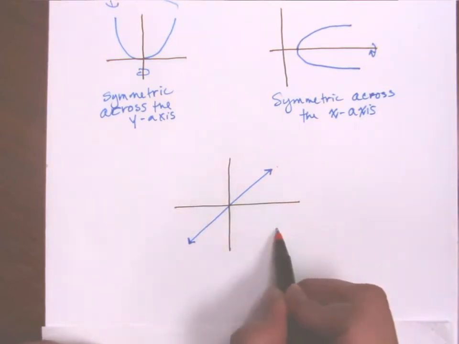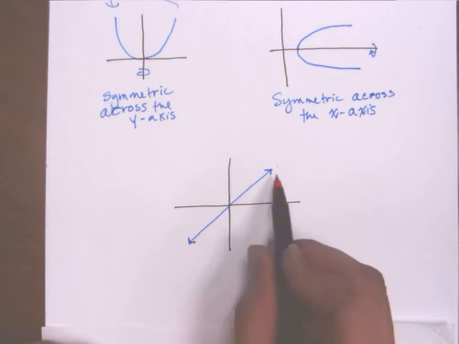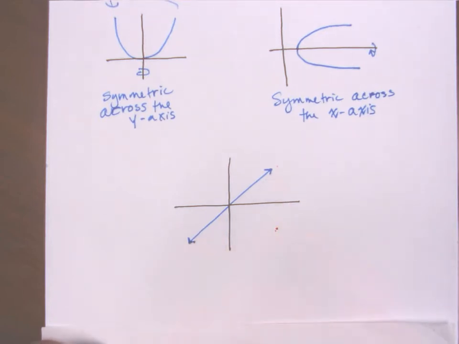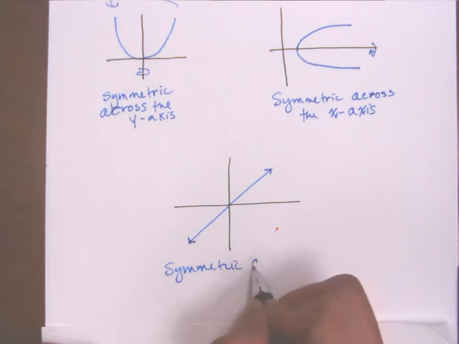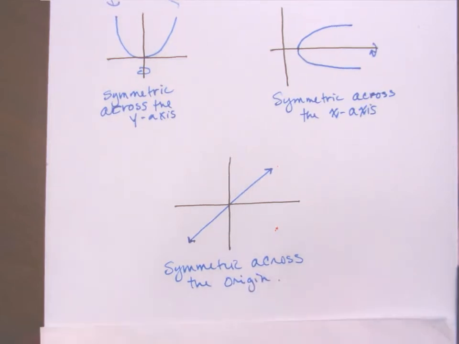And then if I spin it across the y, it comes back over here. So if I spun it around both axes, the x and the y, I end up with the exact same graph. When this happens, we say it is symmetric across the origin. Okay. So there's three types of symmetry that we're concerned with in college algebra for right now, and it is these three forms.